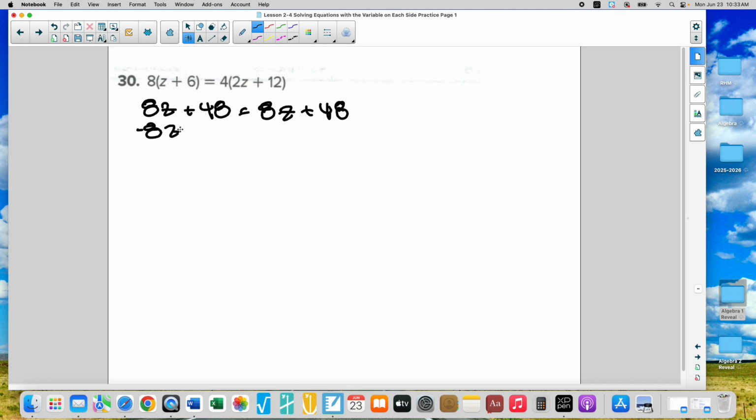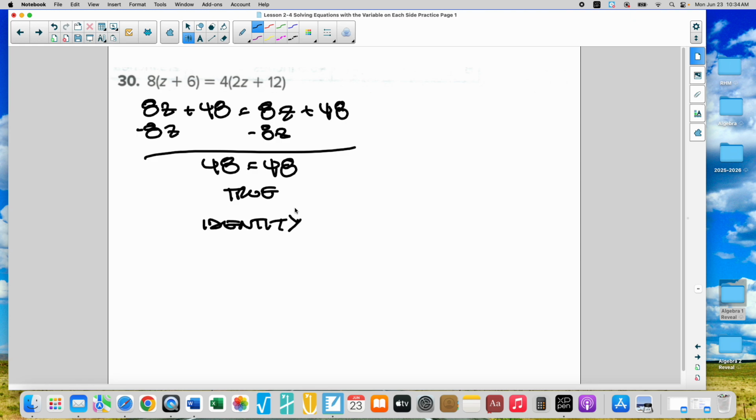We're going to move the variable. And when you get situations where the variables cancel, you know what to expect. You know that it's going to be no solution, or in this case, it's a true statement. So it's going to be identity. And we know what identity means. Identity means that every single number is a solution to this problem.